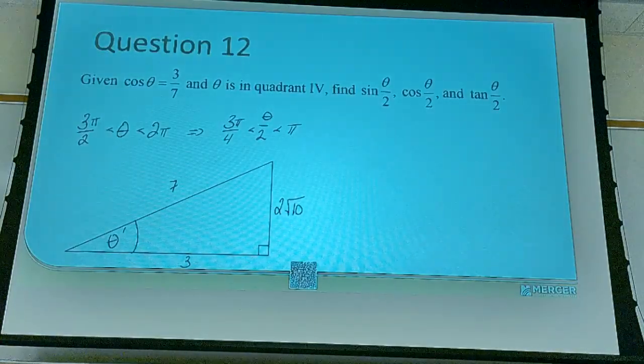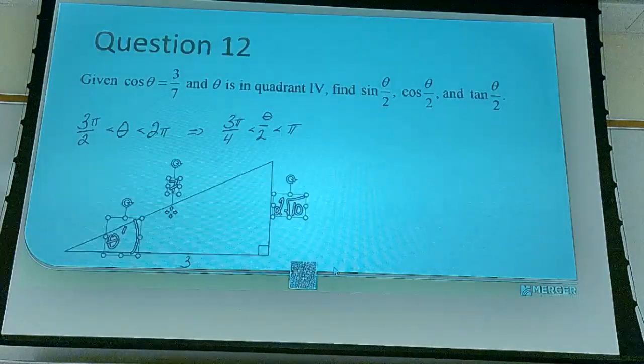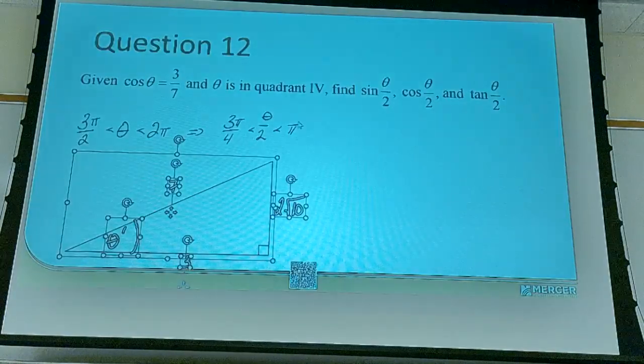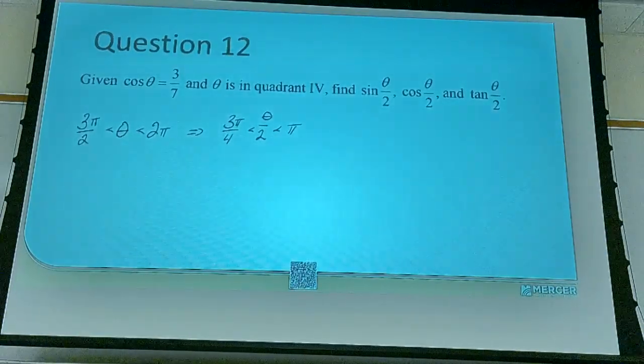Oh, I didn't need to do that, did I? All I need is cosine, and that's given to us. I just need to know what quadrant theta over 2 is in, and I just need cosine.